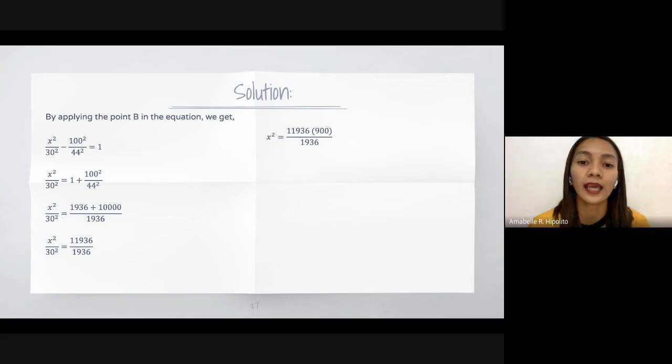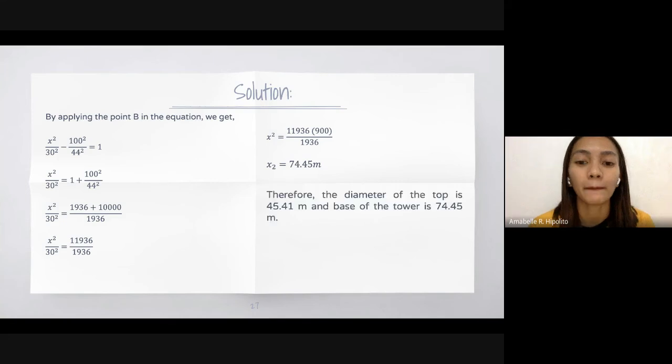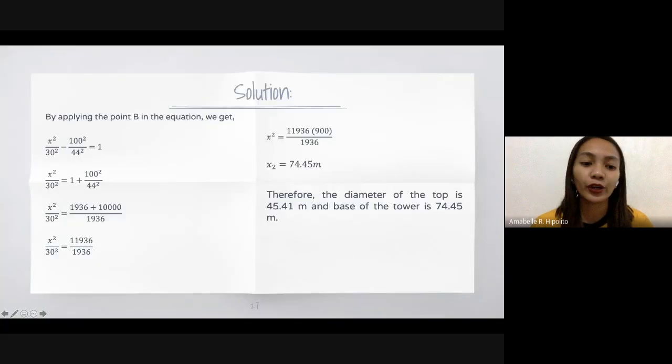So, we have now x squared is equal to 11,936 times 900 all over 1,936. Okay? So, simplify. So, we have x is equal to 74.45 meters. So, therefore, the diameter of the top is 45.41 meters and the base of the tower is 74.45 meters. Okay, so that's it for this lecture video.